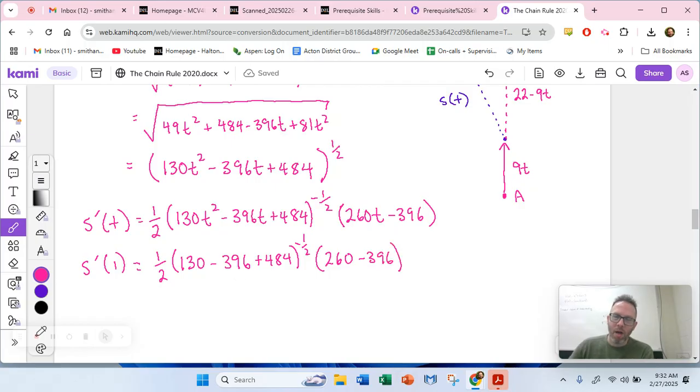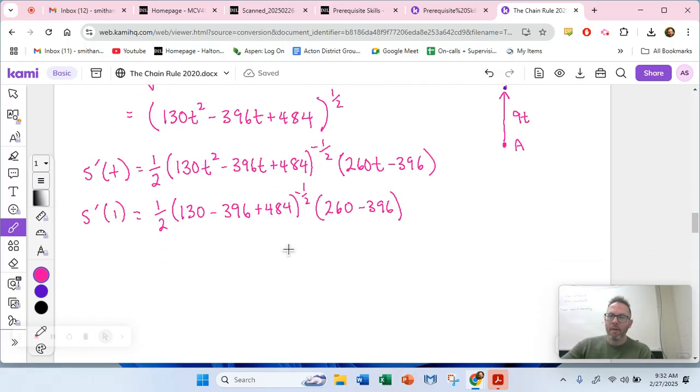We're just plugging in 1. That's why I'm basically just dropping the t's. With your display calculators, you could probably do that all at once. I am old and don't know how technology works, so I'm just going to do 1 intermediate step.